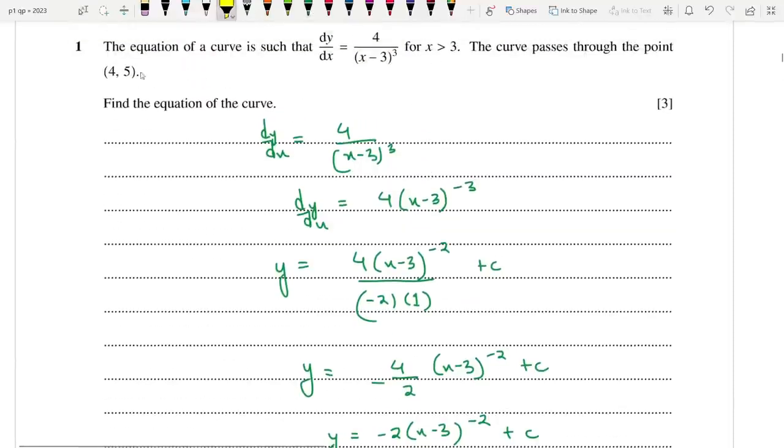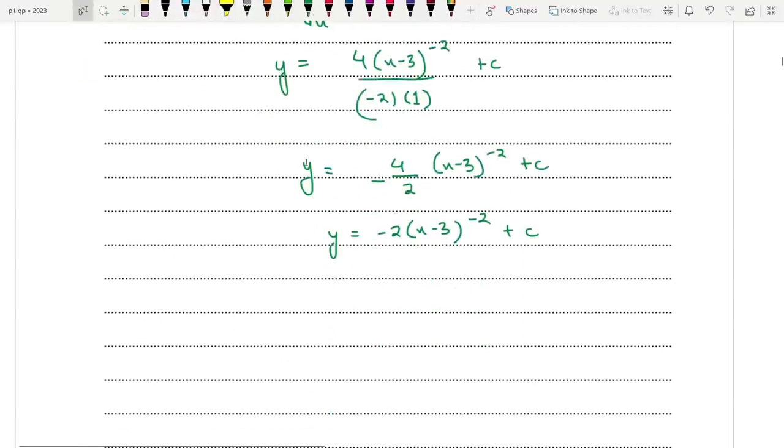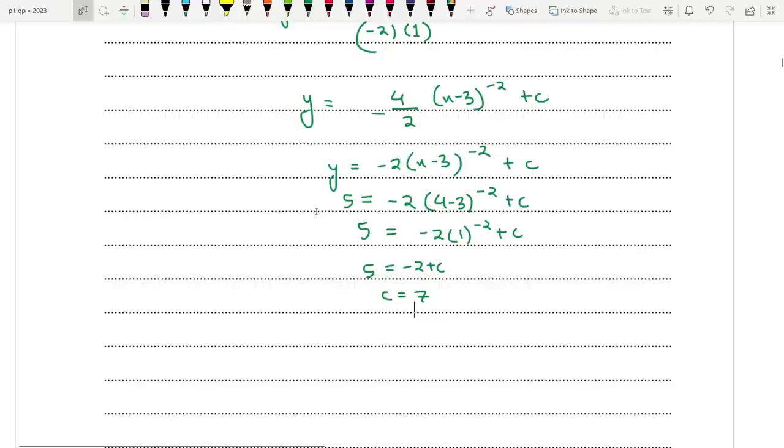Now we have a particular coordinate which is (4, 5). With the help of this, I'm actually finding out the value of c. Good. So at the end, we end up with y is equal to minus 2 divided by (x minus 3) whole square plus 7. This is my final answer.